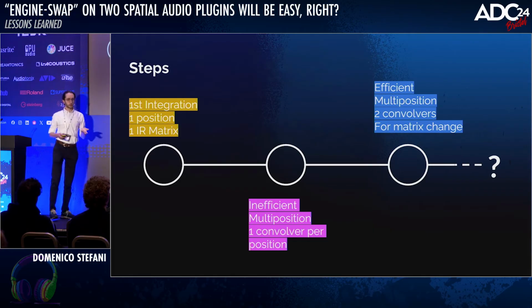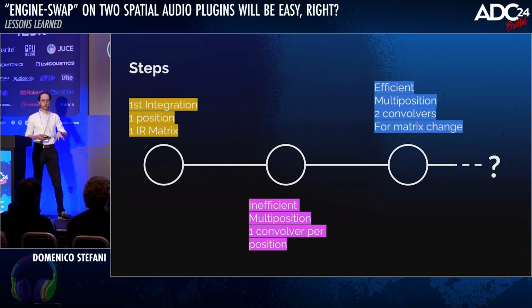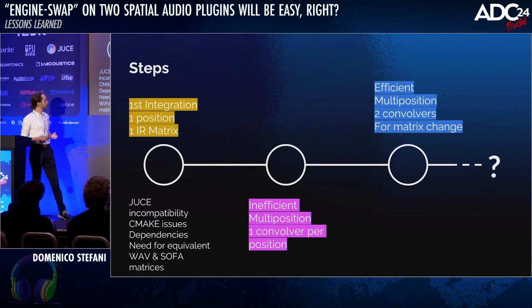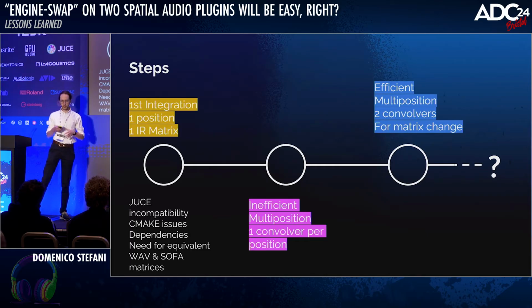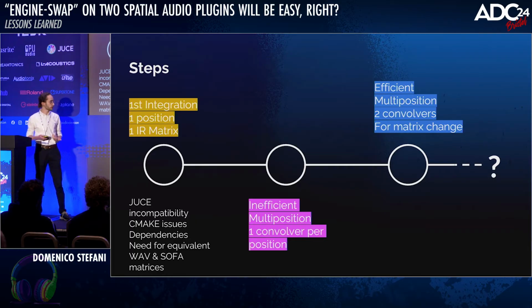The first part looks very easy because it seems like you take a plugin, and it is conceptually easy, but it's where you figure out all of the small issues, like CMake issues, incompatibility between JUCE versions, and also the need for equivalent WAV and SOFA files to test that everything is working right.